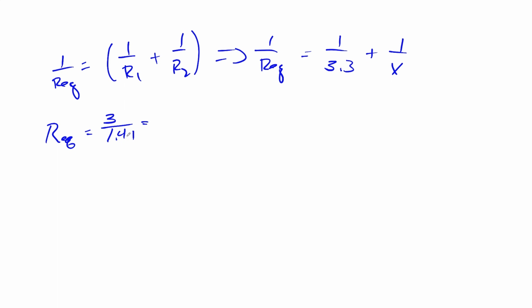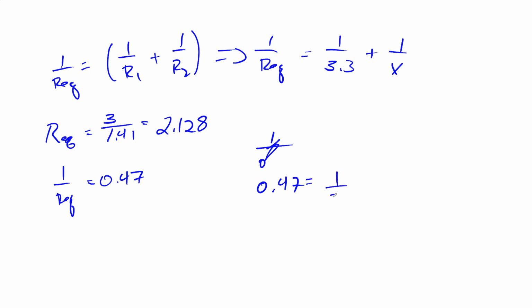So 3 divided by 1.41 is 2.127, actually 128. And so 1 over Req is going to give me the value of 0.47. So 0.47 is equal to 1 over 3.3 plus 1 over X.